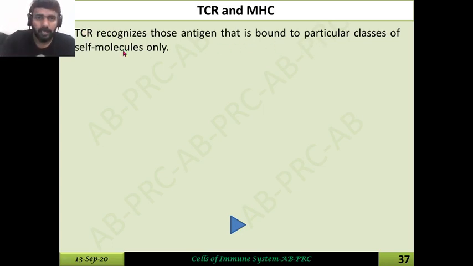That means T cell receptors cannot identify an antigen if it is presented as such. A T cell receptor never identifies a foreign substance alone, but recognizes antigens when bound to a class of self molecule. Clear? That is the first statement.